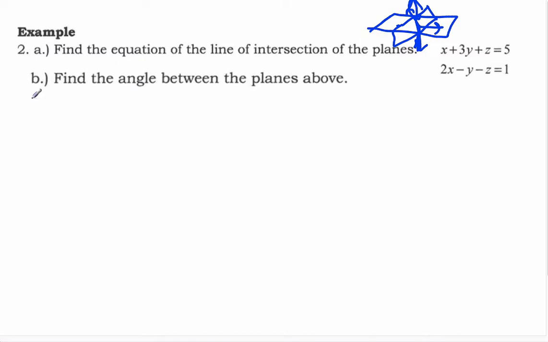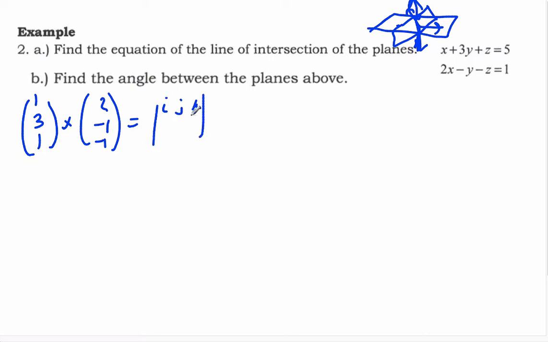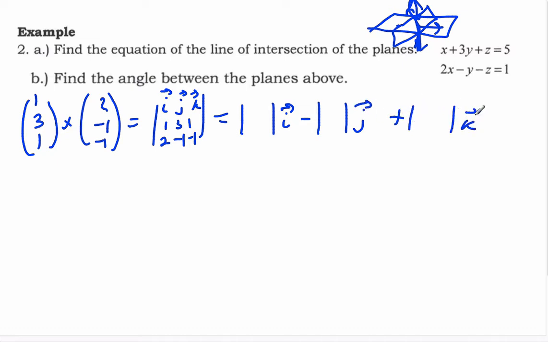Okay, so let's do 1, 3, 1, cross it with 2, -1, -1. And we'll do that lengthy procedure now. 1, 3, 1. I should always do these vectors. Okay, 2, -1, -1. Which equals a tiny determinant times i minus a determinant times j plus a determinant times k.